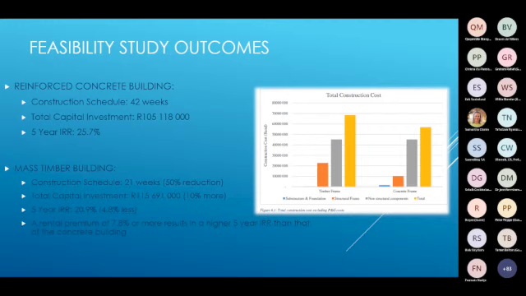We did a sensitivity analysis, playing around with rental rates, P&G costs, accelerated timeframes, and so on. One of the most significant findings was that a rental premium of 7.8% or more results in a higher 5-year IRR than that of the concrete building.